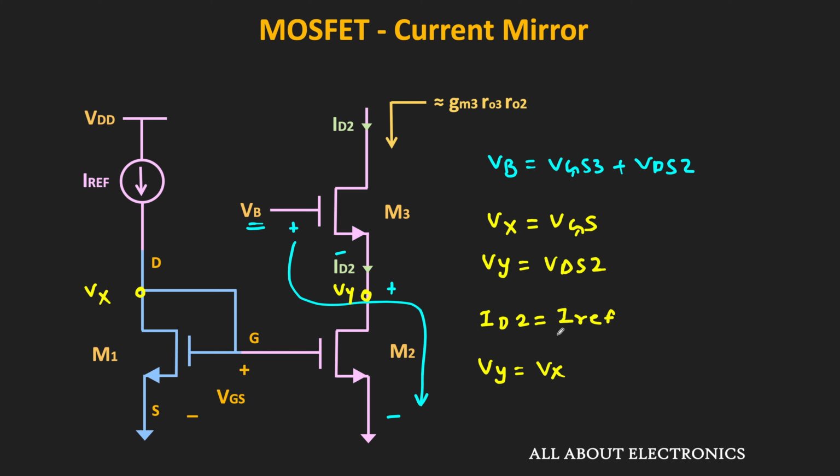Or in other words, this VDS2 should be equal to VGS. So here, if we select the value of VB equal to 2 VGS, then in that case, this Vx and the Vy will be very close to VGS. So let us understand how.